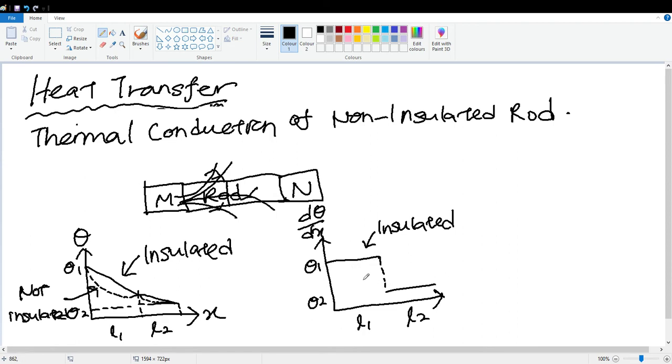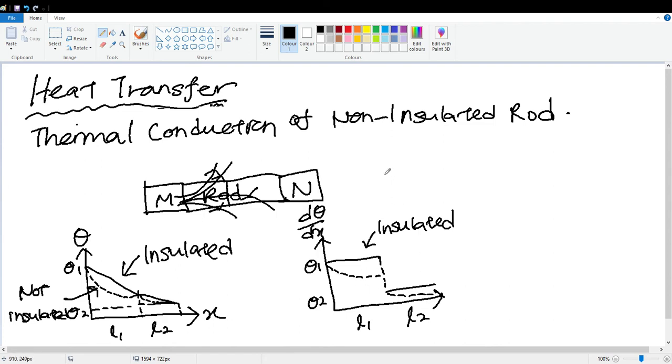But in the case of not insulated, the temperature gradient is different at every point and varies in the form of a curve, due to heat being lost to the surroundings.